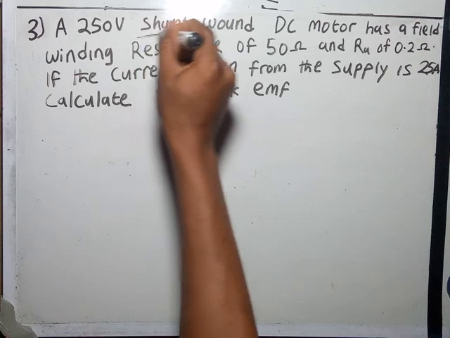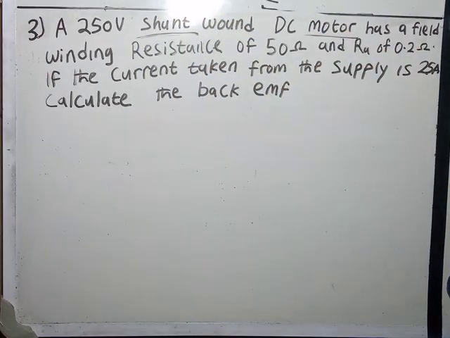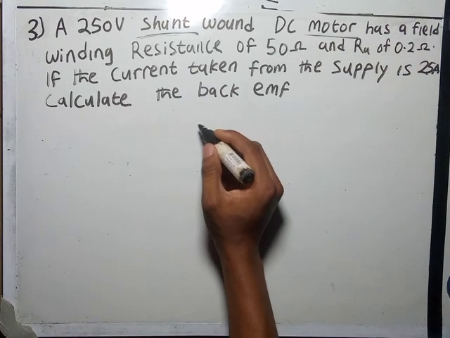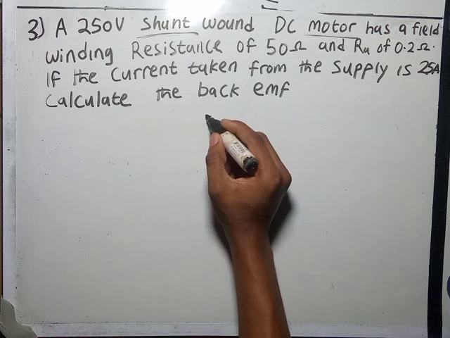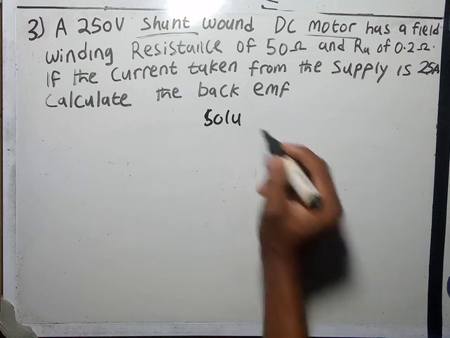These two words, shunt and DC motor, will define our diagram and how it will look. Now, solution, let us start solving.